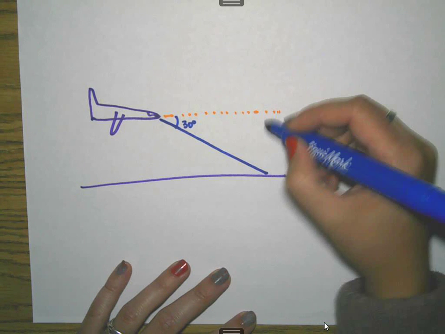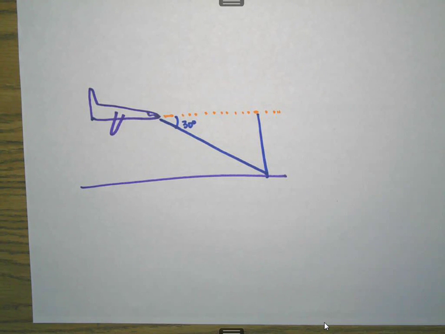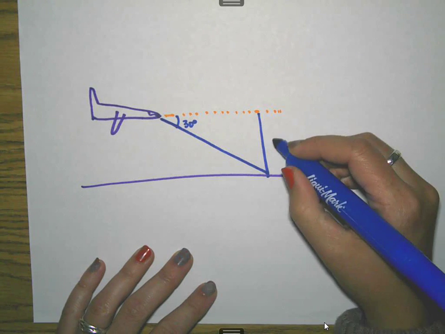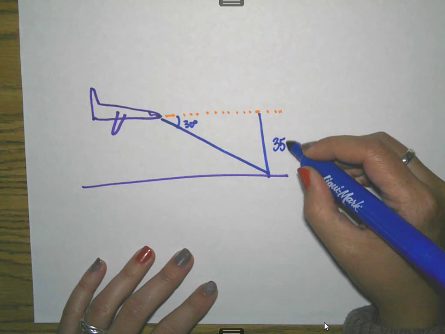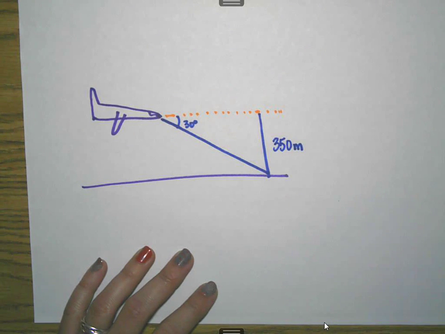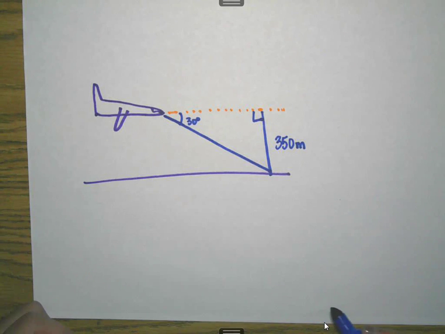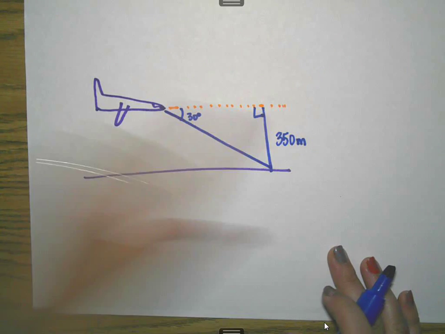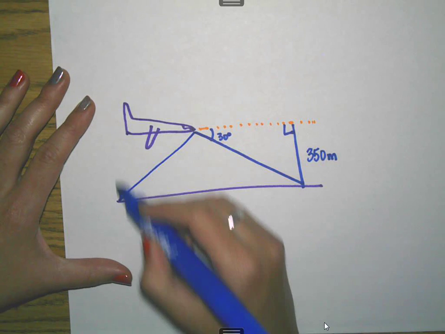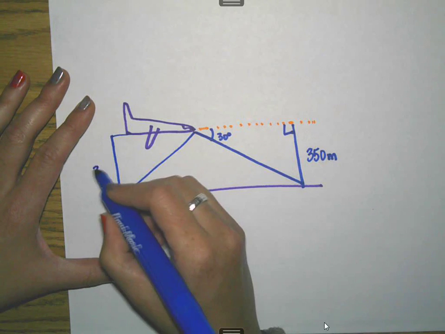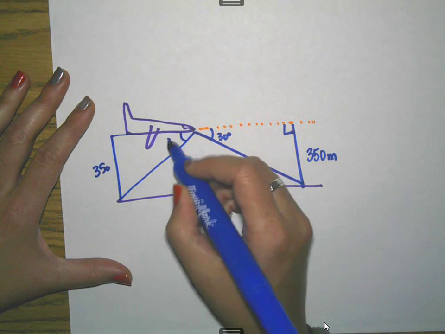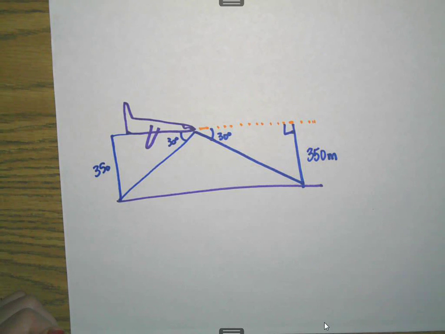And then if you're given other information about your plane, like if it says your plane is flying at an altitude of 350 meters, maybe it's coming down to the ground, whatever, well, then you've got your right triangle, you have an angle, you have one of your sides, you can start doing problems. It really doesn't matter in this case if I look at the triangle from this perspective or like this, because my numbers are going to be the same as long as I make them mirror images of each other.